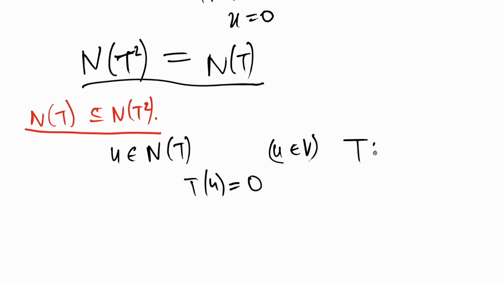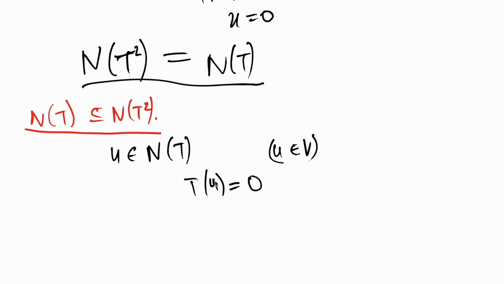Because our linear transformation is from V to V. The null space of T is a subspace of V. So any element in the null space of T is also an element in V. Therefore U is in V. So you'll see why that's important in just a second.